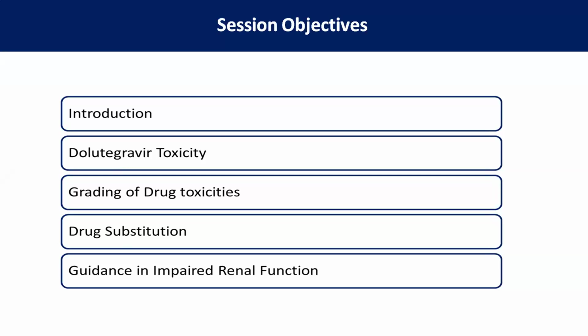And if not possible to substitute the drug, after doing the plasma viral load, we can switch to second line or third line antiretrovirals, not only for the toxicities, but also for increased viral load. And lastly, we will discuss the guidance in impaired renal function for antiretroviral drugs.